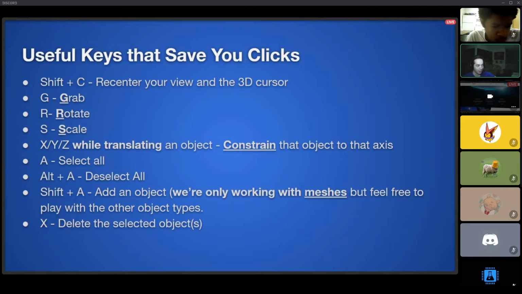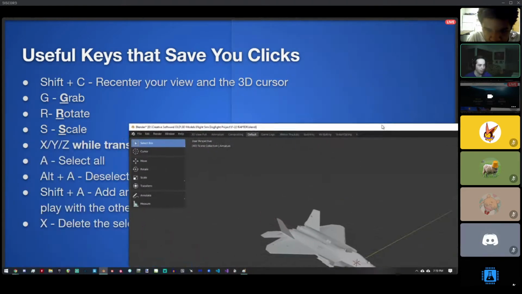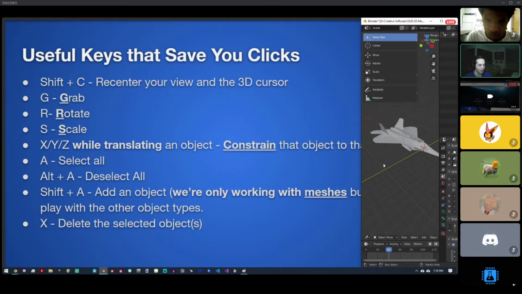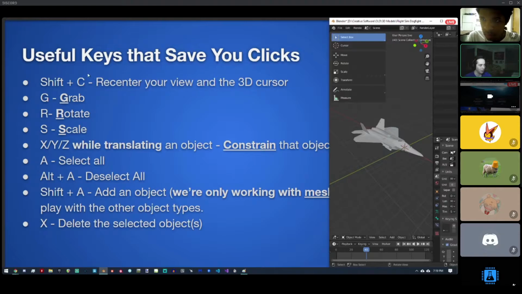Open Blender and hit G while you have a cube selected. Selection is just left clicking. If you do Shift C, no matter where you are in the world, it'll recenter your view.